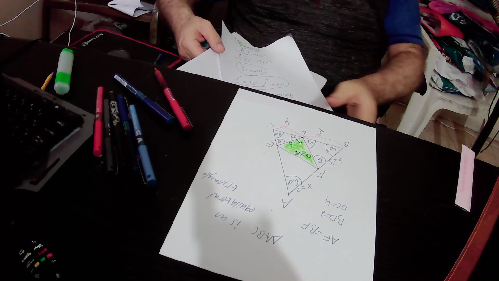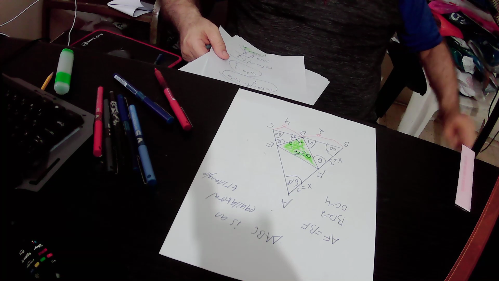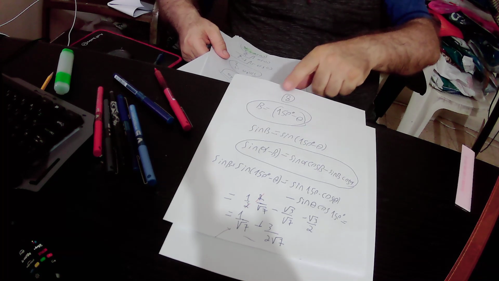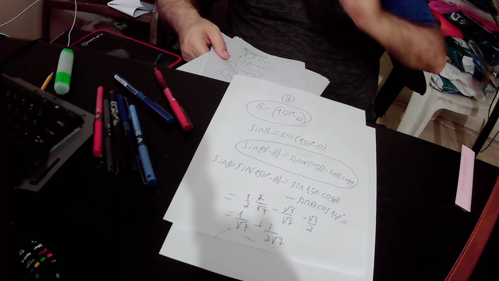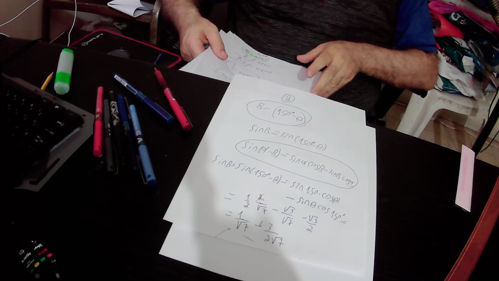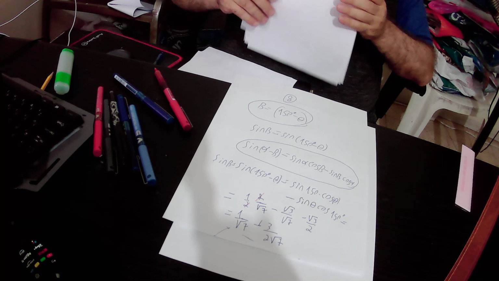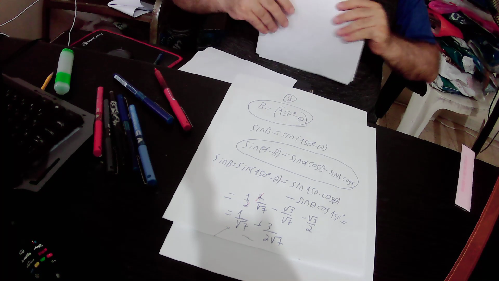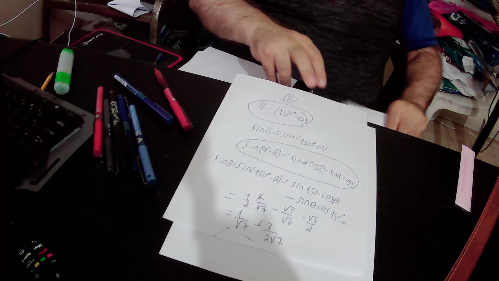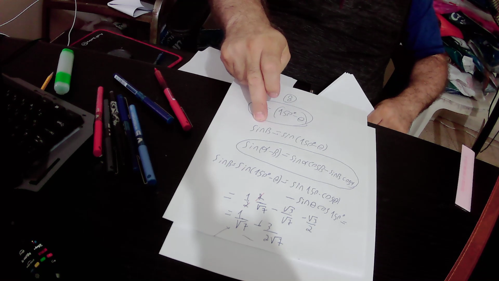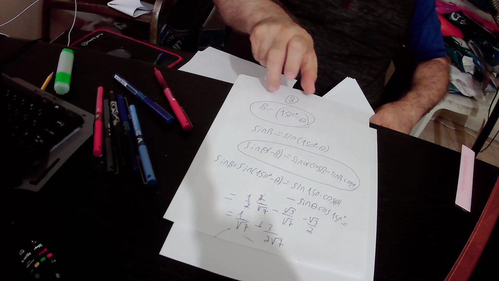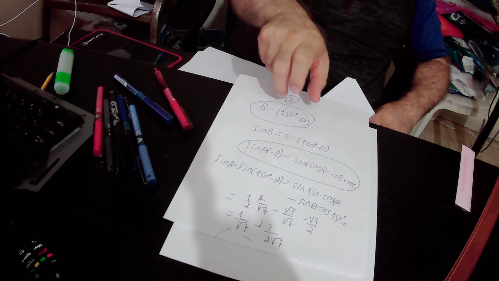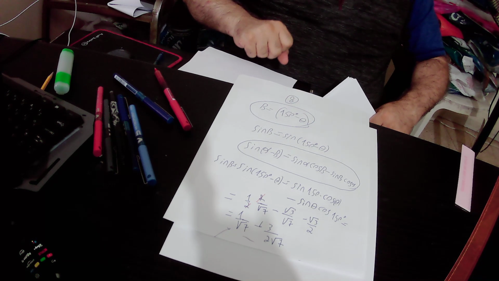And we've already found out that beta equals 150 degrees minus theta. So if beta equals 150 degrees minus theta, then sine beta equals sine of 150 degrees minus theta.